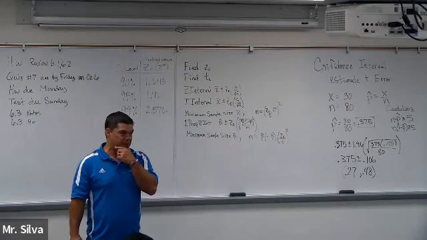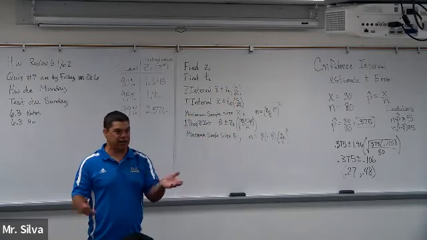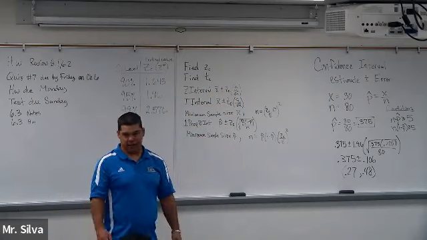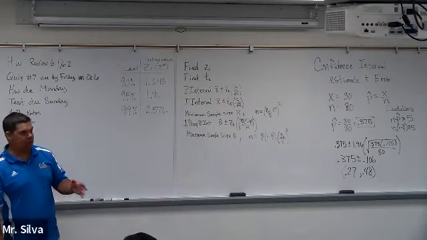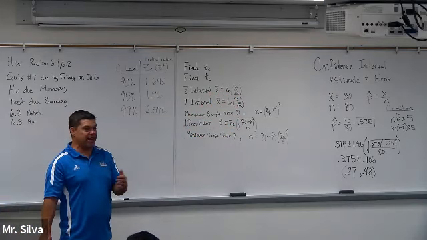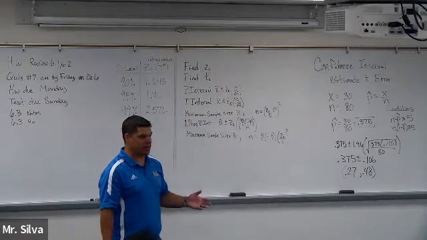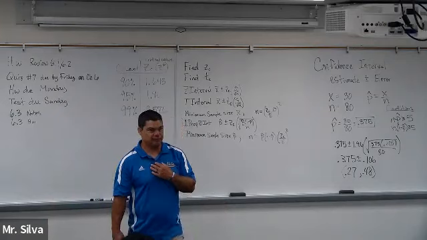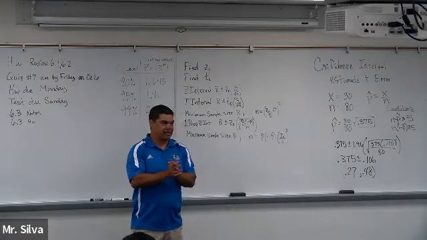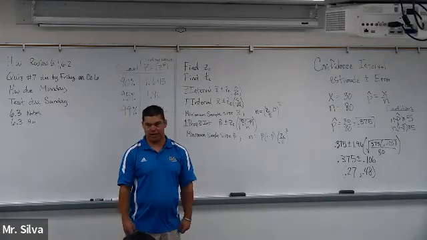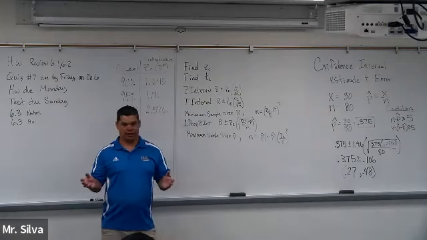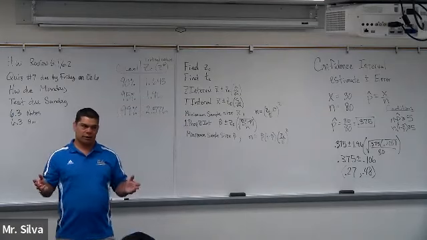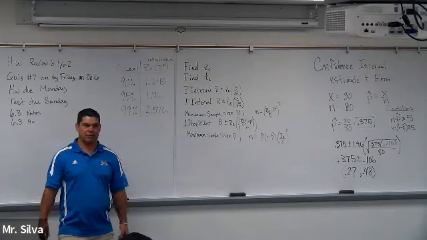There's sometimes when you don't have an estimate of the population. For example, if I want to know some information about a population, but I don't have any data, I don't have any information, we just assume that about half the population would say yes and half the population would say no. Okay, if you don't have any information about anything, okay? Like what percent of the population choose gum?